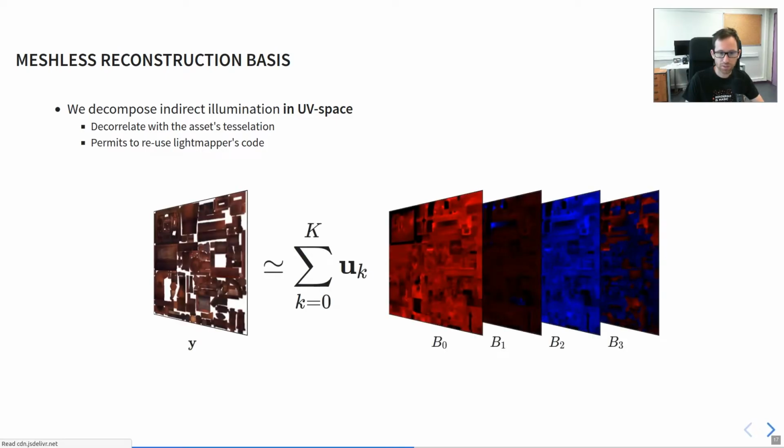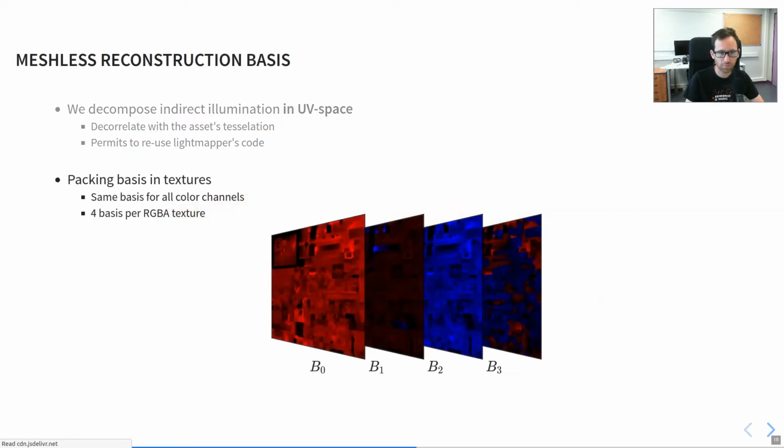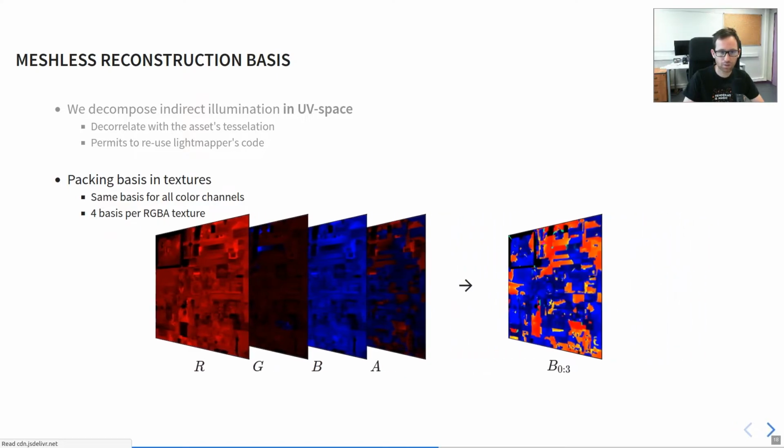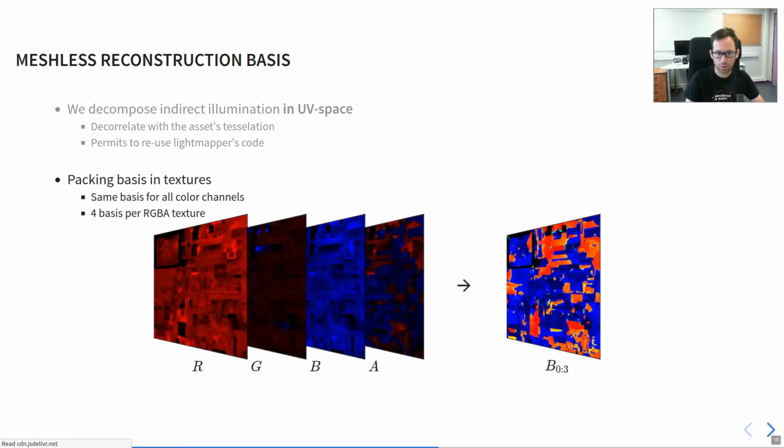We end up building our database with many lightmaps that are later decomposed in the table basis using the SVD. To compact storage, we choose to share the basis for all the color channels and to pack them into RGBA textures. It follows that reconstructing the indirect illumination with 16 bases will require 4 textures at runtime.